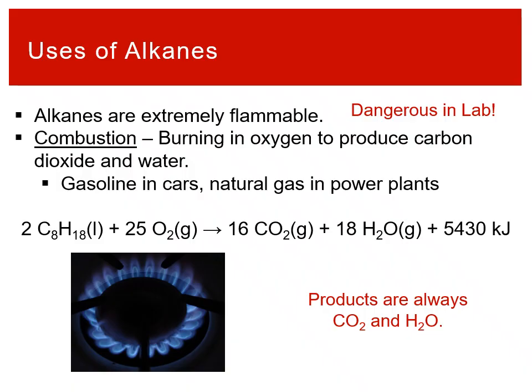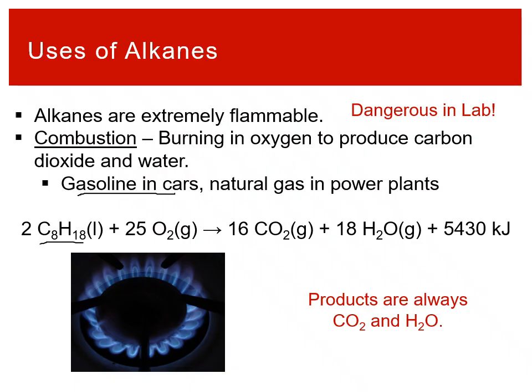But if you are in a situation where you want to create heat, say in combustion, so say gasoline in your car, you use isooctane, which is a particular isomer of octane that burns really efficiently and produces a lot of energy, a lot of good bang for your buck. Natural gas is what we use to burn in power plants, to power most of the electricity you're getting.